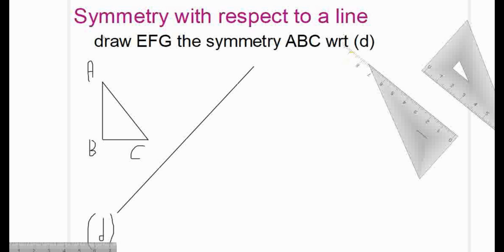After I decide what the points are, I will just mark them for you to see them. It's the point A, the point B, the point C. We will work on each point alone.